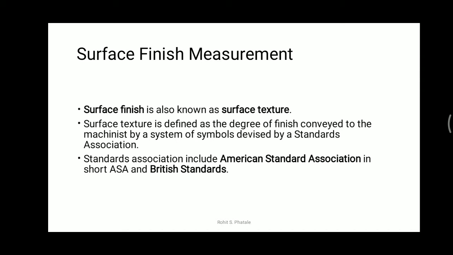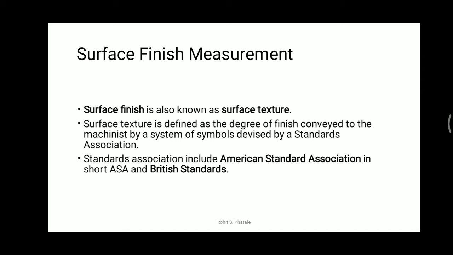We can also call surface finish surface texture. In other words, we can improve the appearance, corrosion resistance, and wear resistance; all these properties can be improved by the surface finish.